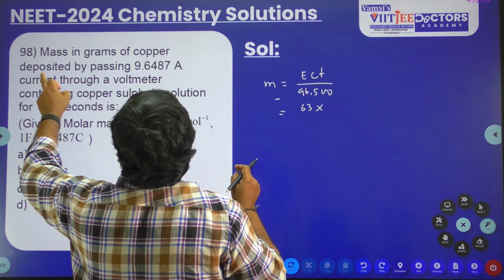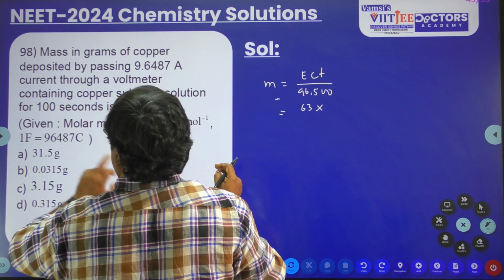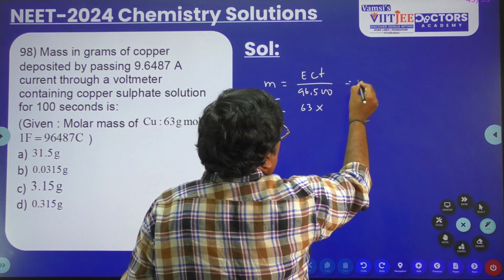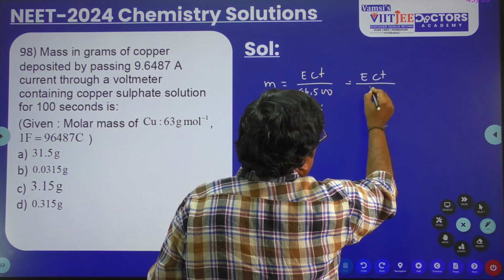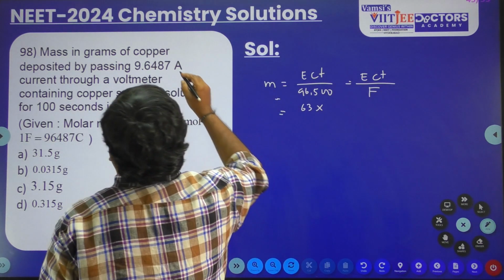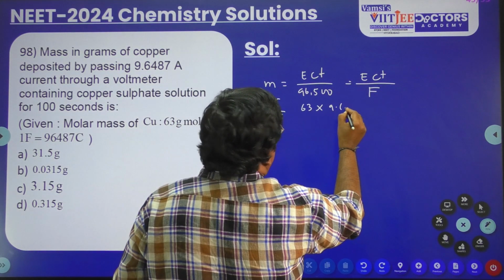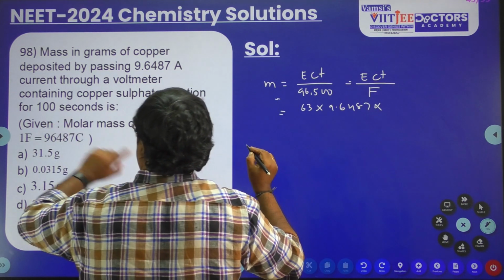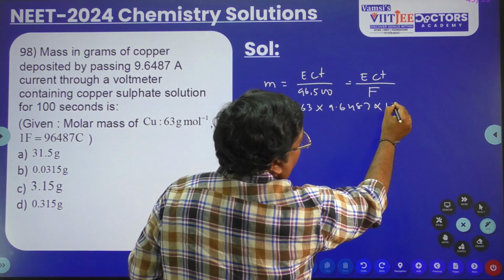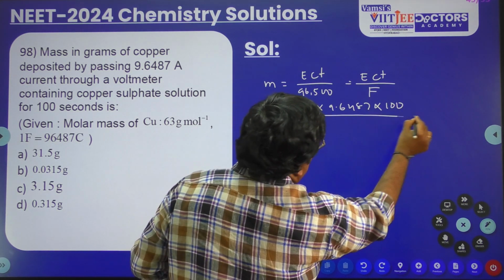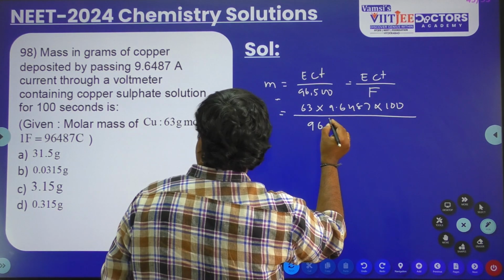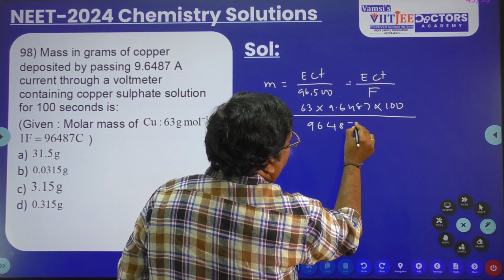Instead of writing like this, ECT by F, we get: current 9.6487, time should be taken in seconds, 100 seconds, by the F value given, 96487.